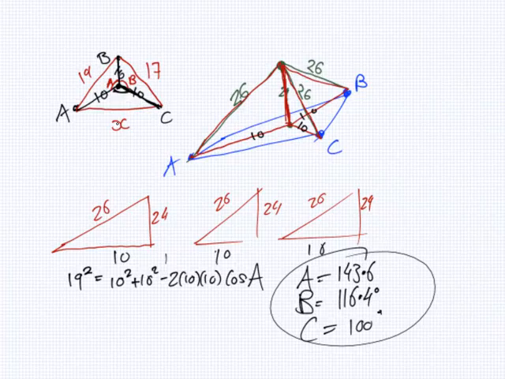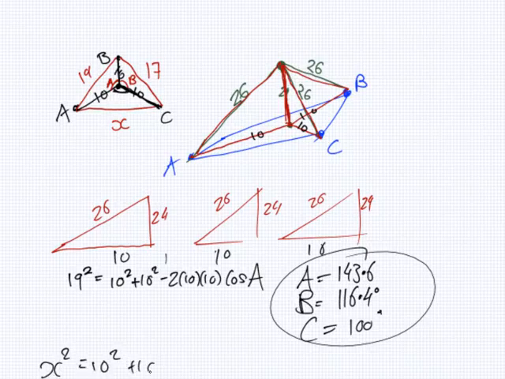So now I can say x squared equals 10 squared plus 10 squared minus twice 10, 10 cos 100. And I get, to the nearest meter, 15 meters.